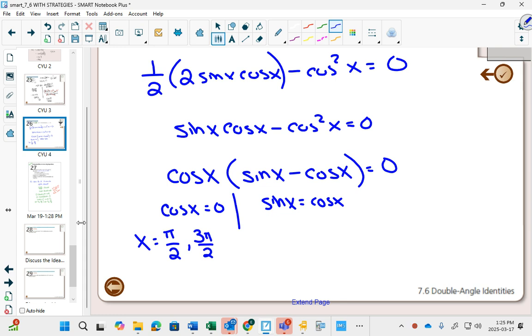Sine x equal to cos x. You could do this from your unit circle, and you just have to think, when is my x coordinate and y coordinate exactly the same? Well, in quadrant 1 at pi over 4, they're both root 2 over 2. And in quadrant 3, at 5 pi over 4, they're both negative root 2 over 2.